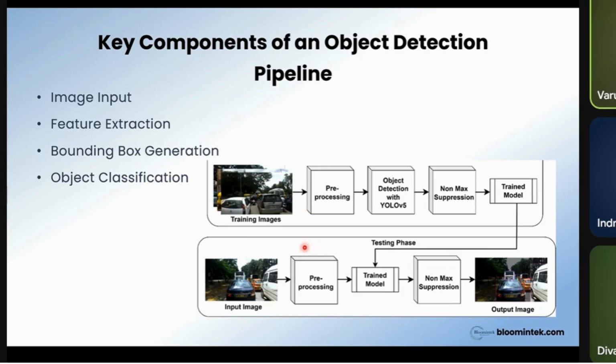Step two, a neural network extracts the features, basically the patterns it's learned from the past training data. Step three, the model proposes regions where the objects might be. These are the potential bounding boxes. Step four, each region is classified. Is it a car? Is it a person? Is it a bat? Is it a ball? Or is it something else?